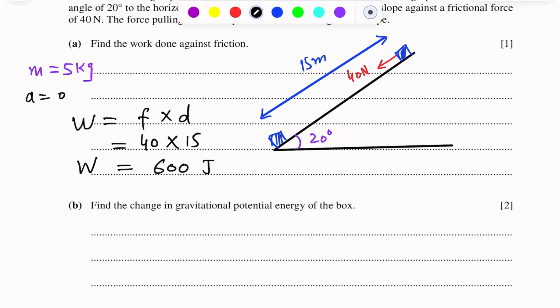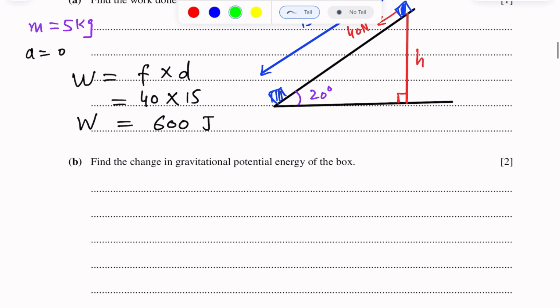Let this height be h. Now we find the change in gravitational potential energy: final potential energy minus initial potential energy. Initial potential energy is zero because height is zero.